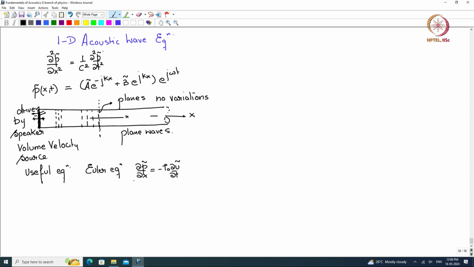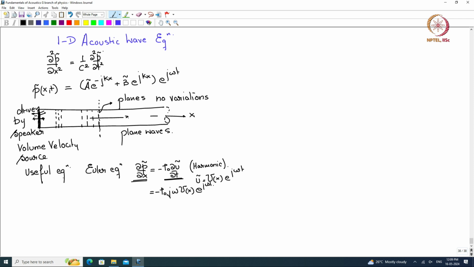So this relates the pressure gradient to the acceleration, and in the harmonic case it is very useful. Why? Because in the harmonic case u tilde is some u x e to the power j omega t, so that this now becomes minus rho 0 j omega u x e to the power of j omega t.